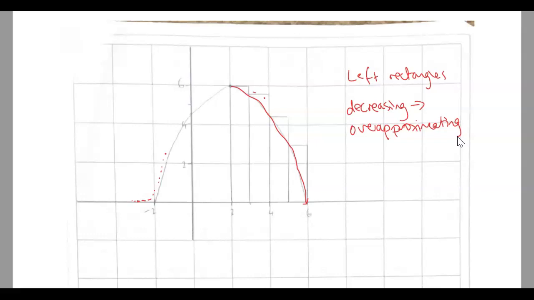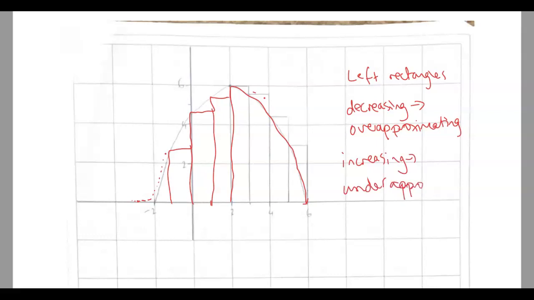But if we were to do left rectangles on the other side, and let me just get a bit more of a scale happening here. Not a very good drawing, but you get the gist. You can see when we're increasing, we are under approximating.